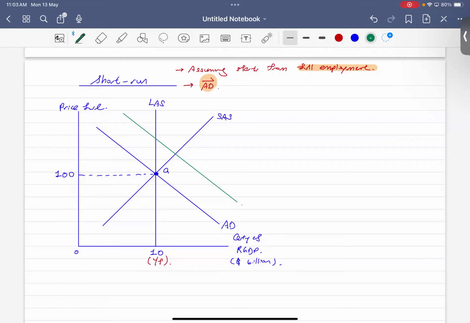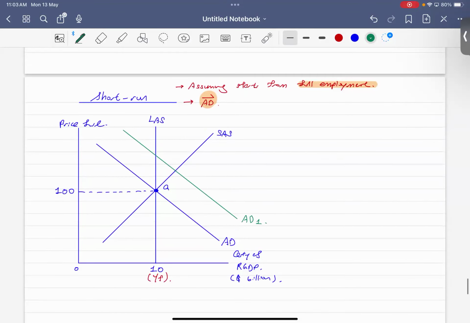You can see from point A, it moved to here. So there's a shortage. Shortage will push up the prices to a new equilibrium here, point B. From A to A1 here, then move to point B, because A1 is not the equilibrium yet. So it moved to point B.